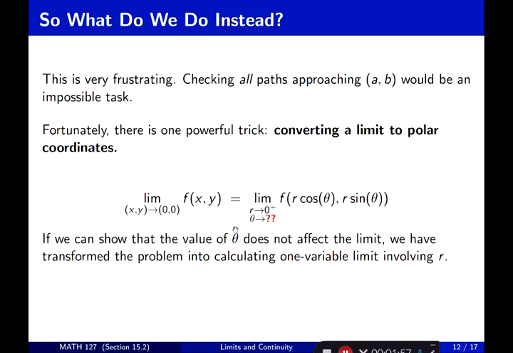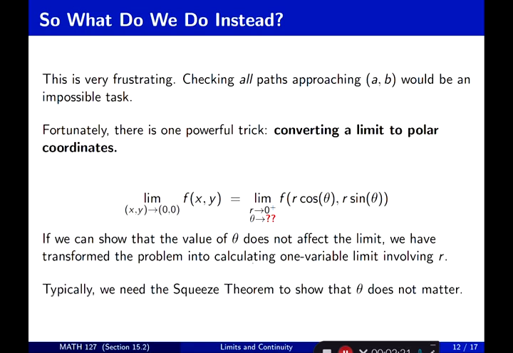Because what you're trying to do in all of these conversions is get rid of theta and make sure that theta is not affecting the limit, and that helps you convert to a one variable limit.